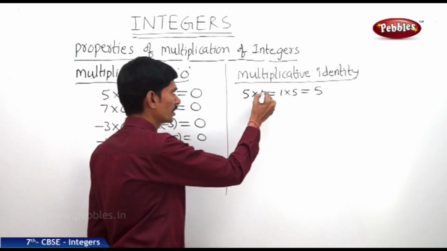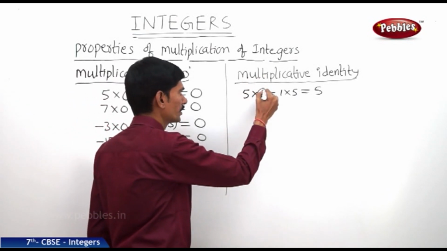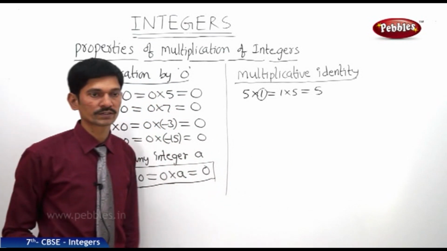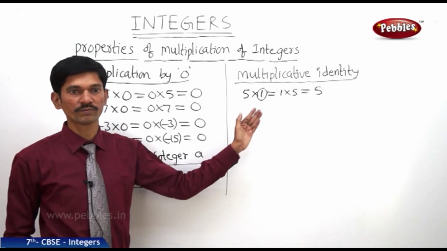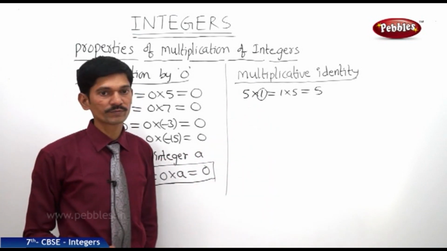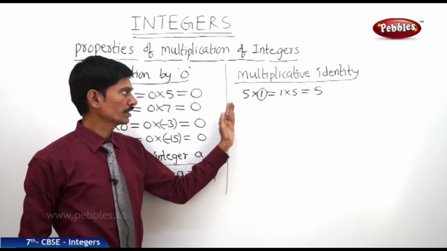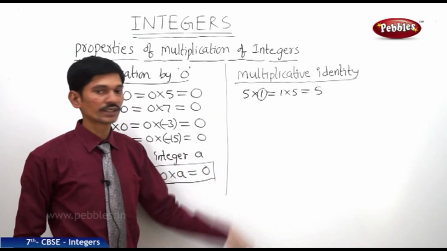Here 1 is called the multiplicative identity in the set of whole numbers. Now is this property applicable in case of integers also? Means is 1 the multiplicative identity in the set of integers also?